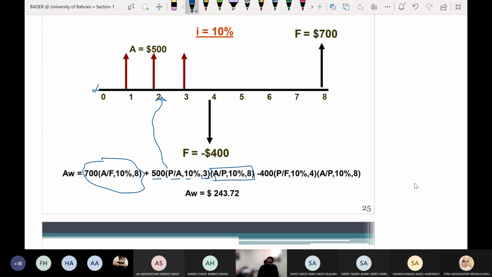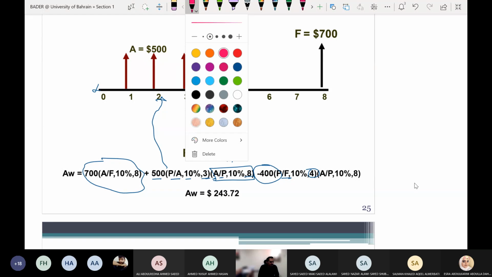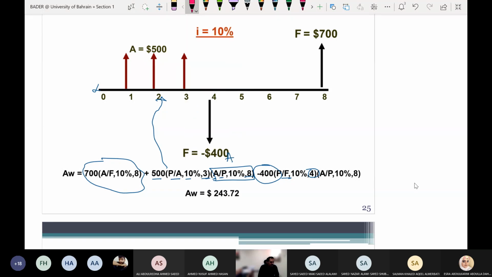I'm ensuring that I actually did the conversion. Find A given P over 8. Let's go to the 400, which stands still by itself. Find P given F for 4. So let me change the color so that we are all on the same track. So what I just did now, I took this and I presented it here. So this is part of my problem.